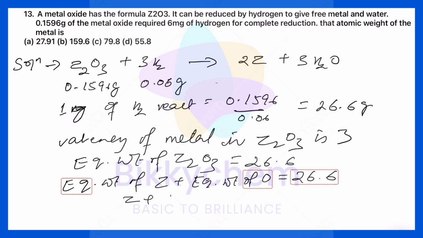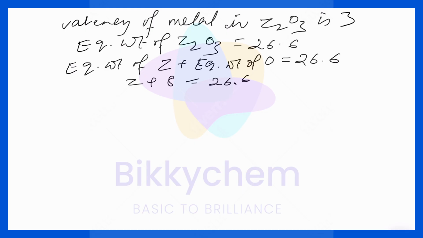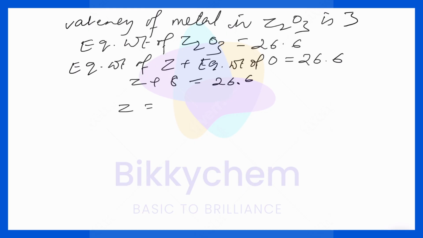So Z plus 8 is equals to 26.6. Now value of Z is equals to 26.6 minus 8 equals to 18.6.